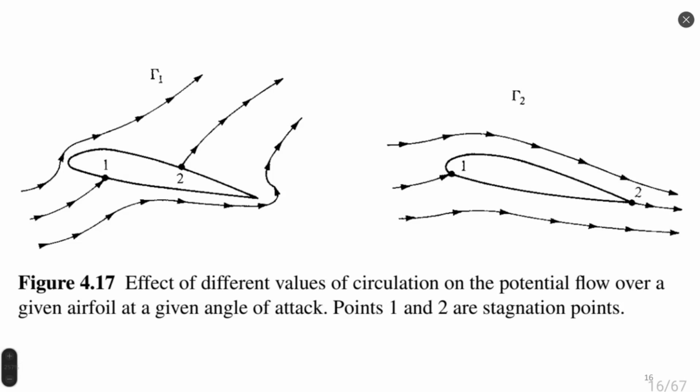Another important, not a simplification but an additional point to the model of calculation, is the so-called Kutta condition. There are several contributions of the German scientist Kutta to science.